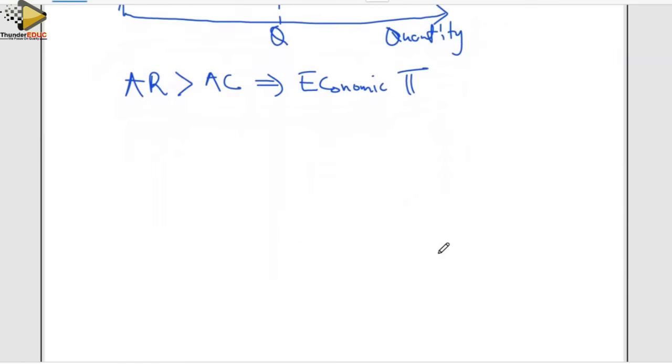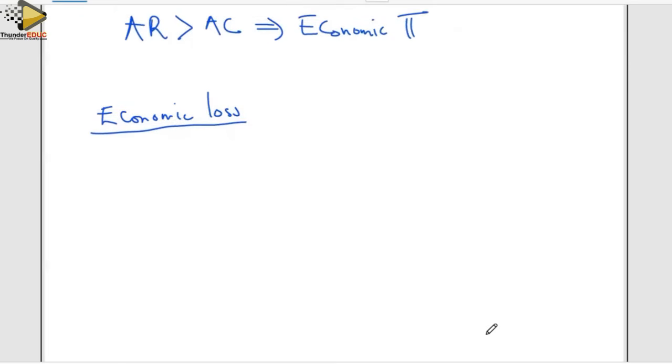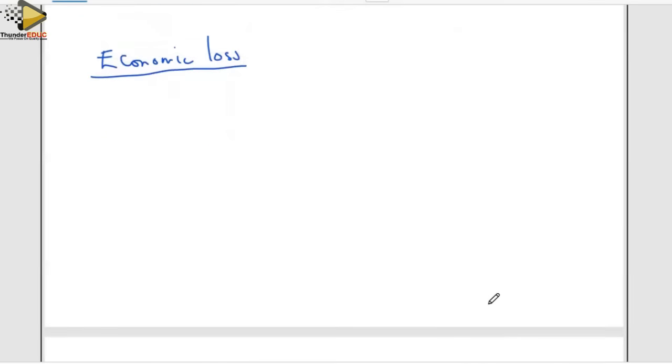Right, then we go on to an equilibrium point in the short run where the business makes an economic loss. For a business to make a loss, it means the costs will be above the revenue. The total cost will be above total revenue, or the average cost will be above average revenue. This is our vertical axis, and this is our horizontal axis.